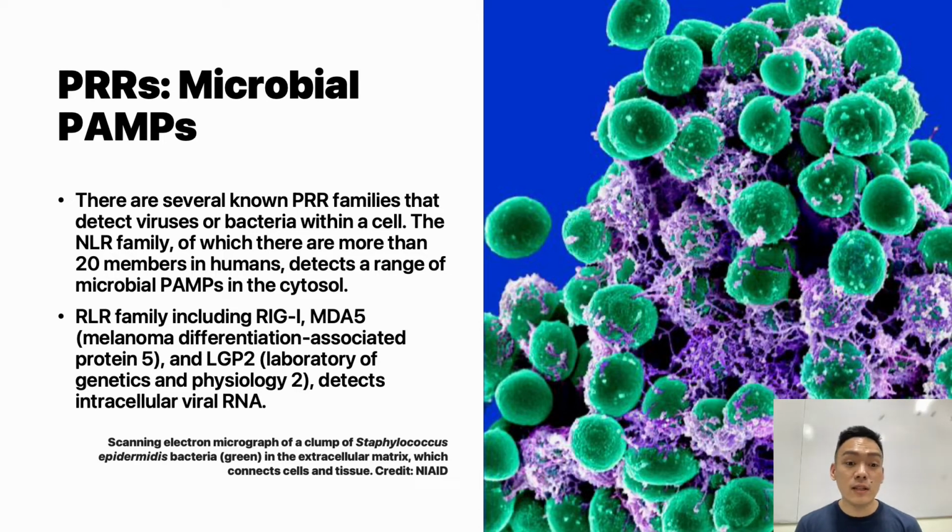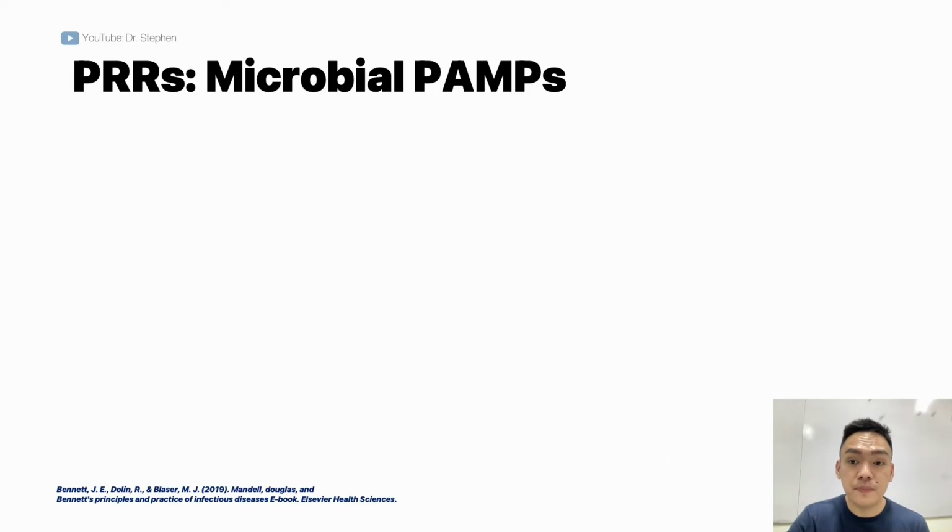The RLR family, including RIG-I and MDA5, also called melanoma differentiation-associated protein 5, and LGP2, the Laboratory of Genetics and Physiology 2, detects intracellular viral RNA. You can see in the photo on the right a scanning electron micrograph of a clump of Staphylococcus epidermidis in green in the ECM, which connects cells and tissues.